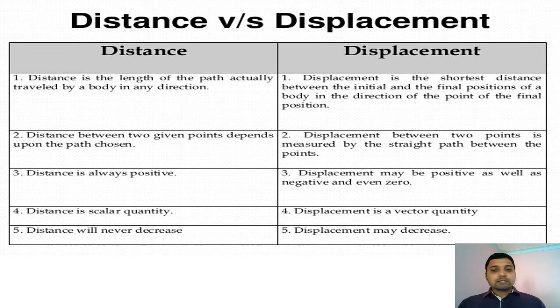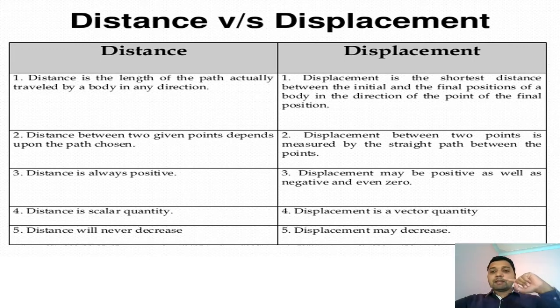In which condition is displacement zero? If a body starts from point A, goes to B, and again returns from B to A, the displacement is zero, but the distance is not zero. When a body moves in a circular path, the starting point and end point are the same, so the displacement is zero, but the distance is not zero.